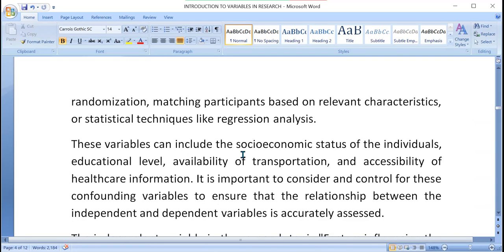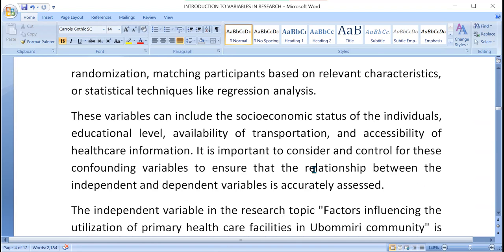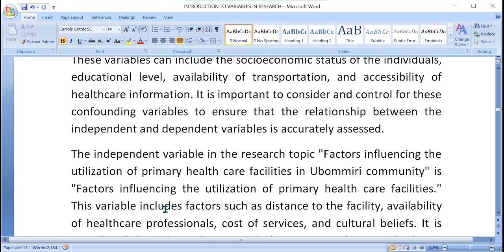Other confounding variables also include socioeconomic status of the individual, educational level, availability of transport, and accessibility of health care information. It is important to consider and control for these confounding variables to ensure that the relationship between the independent and dependent variable is accurately assessed. Okay.